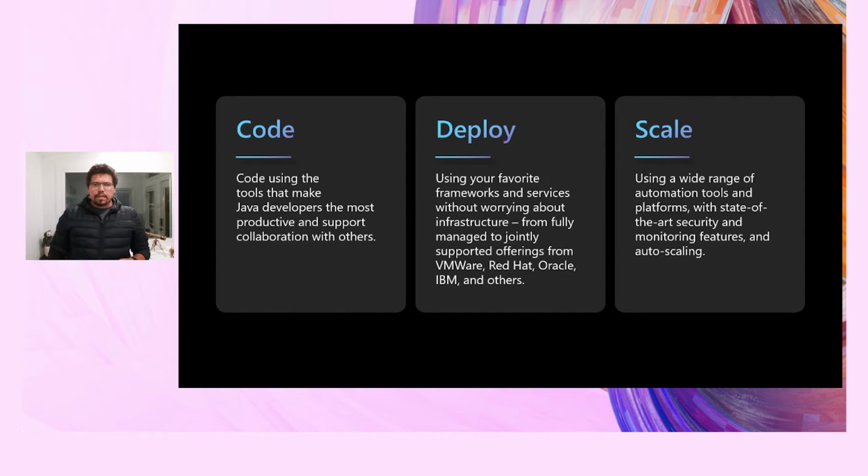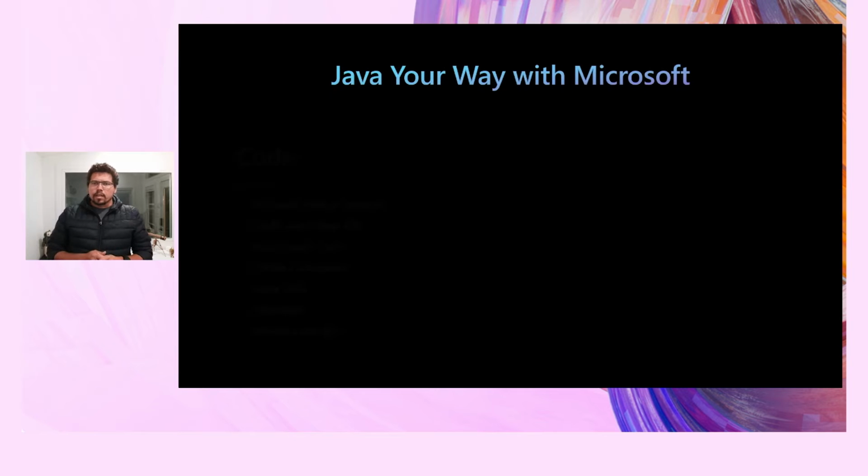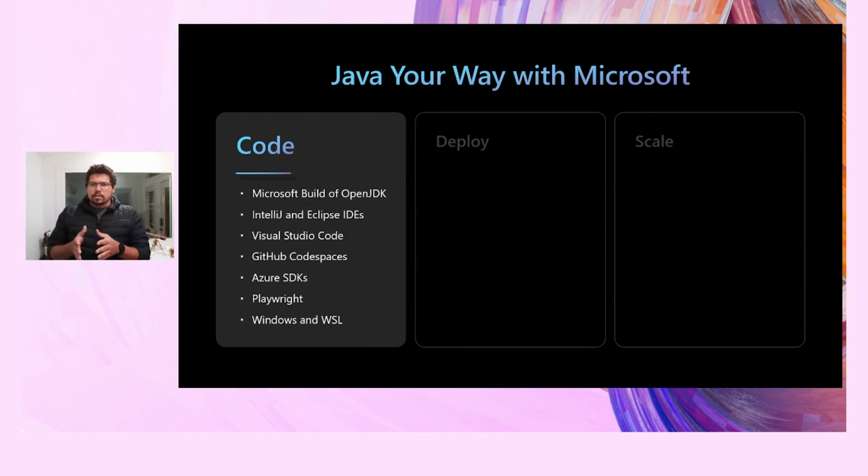So when we think about these three pillars, when you start with coding, it's about choosing the tools that make developers productive, tools that they love, tools that they are used to. And Microsoft has great integration with existing tools like IntelliJ and Eclipse, but we also work with some tools that developers are becoming more and more familiar with, like Visual Studio Code.